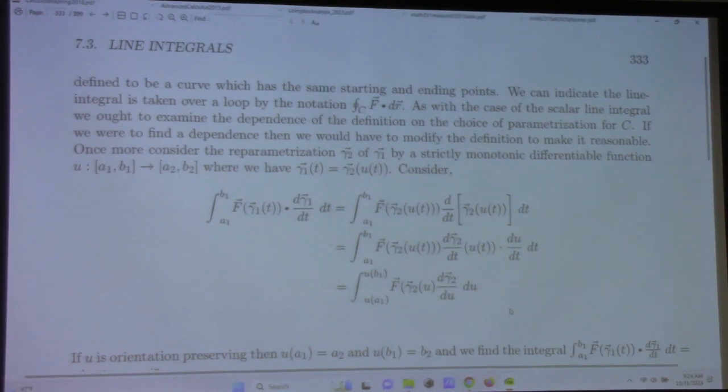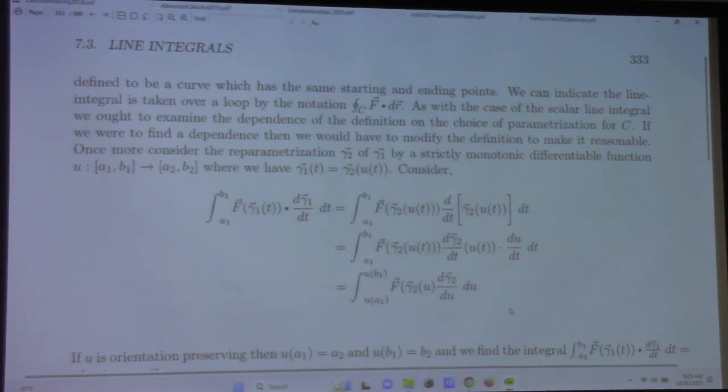But the integral was written in terms of a parameterization of the curve. This begs a question: how do I know that the integral doesn't depend on my choice of parameterization? That would be very embarrassing. If I chose a different parameterization and I got a different answer for the integral, that would be problematic, wouldn't it? So what this calculation shows is that if you reparameterize the curve, right?